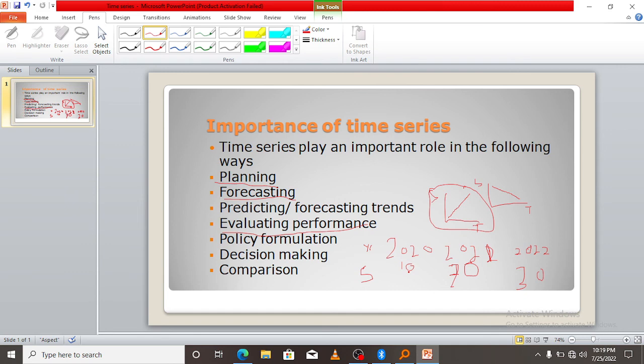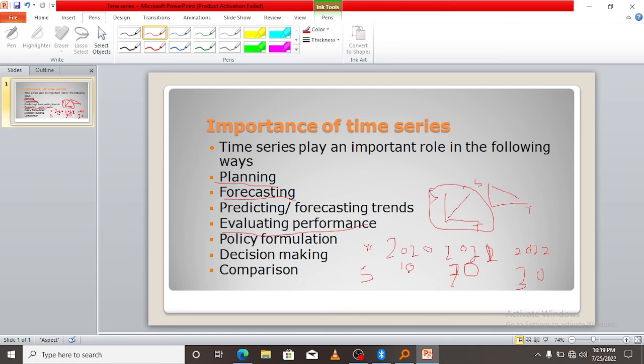Let's look at the next importance. It is policy formulation. We can look at it from the perspective of the government.